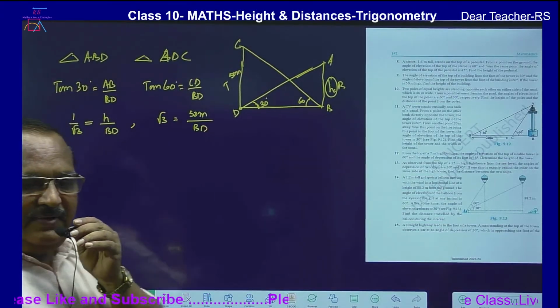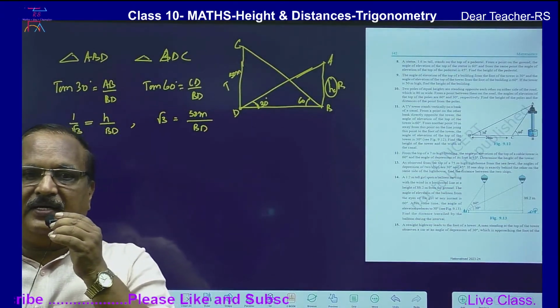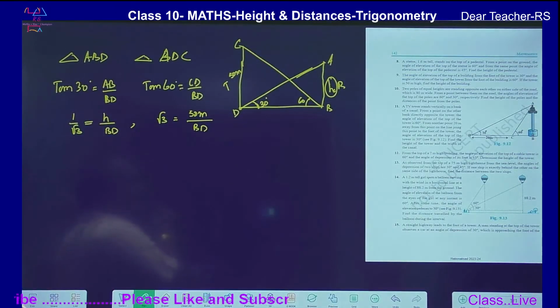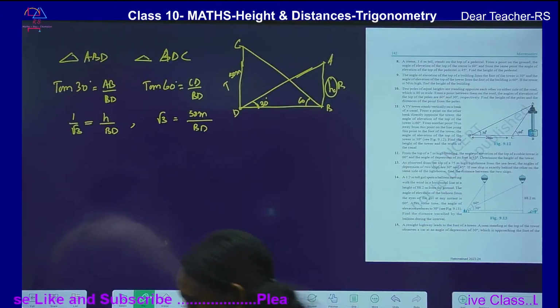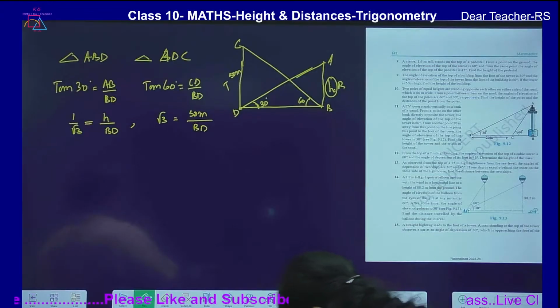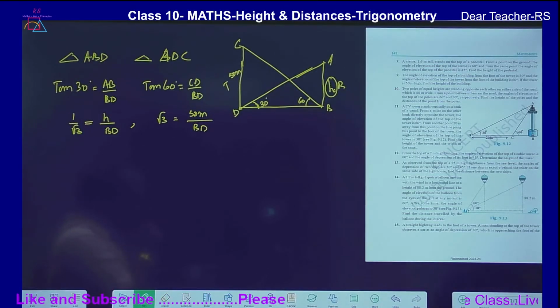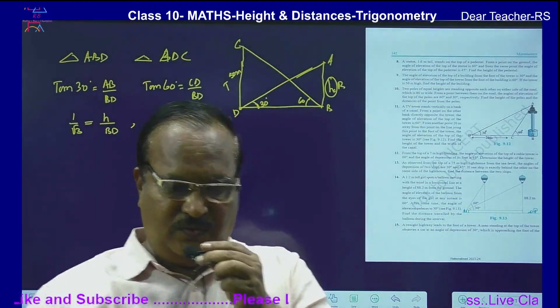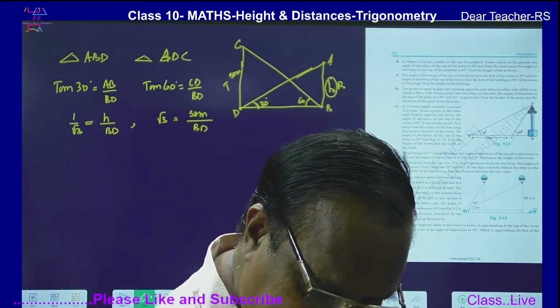Here also we have to find the height of the building, H. We don't want BD, so BD should be eliminated. From one equation you find the value of BD and eliminate. These are simultaneous equations in two variables. Whoever is good in simultaneous equations in two variables can do it easily.